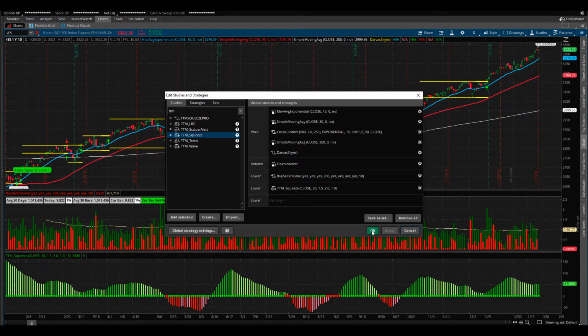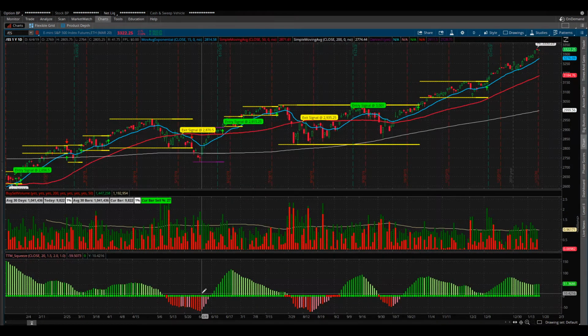All right, so now you can really see the build in it. So what this TTM Squeeze does is it's trying to show a certain price movement. So you can see here as it's dark red, moving into pink, and gets into more of a darker green, which means that the stock price is moving up. You're getting more buyers and sellers in there.